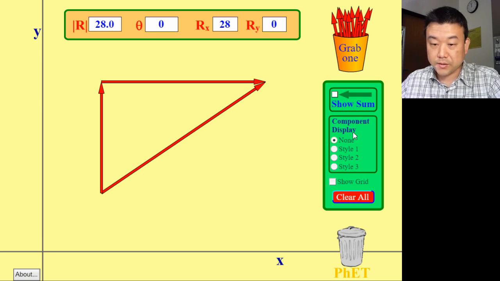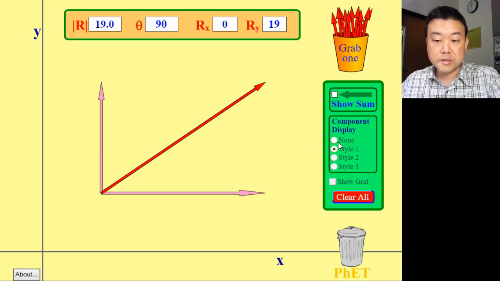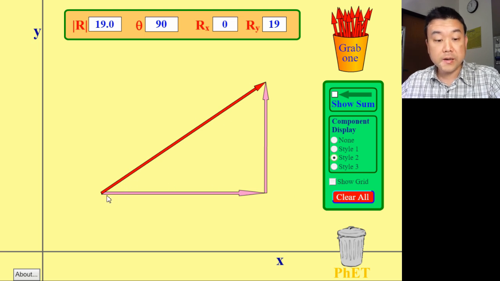And actually you can use the component display here to show how those vector components appear. So this is one style of representing components, and this makes it clear how this whole vector is broken into x and y components. This is another way of representing it. It shows more clearly that the x component plus the y component gives you this whole vector.